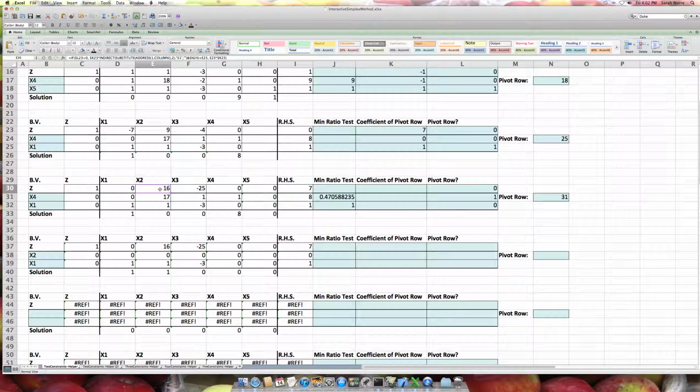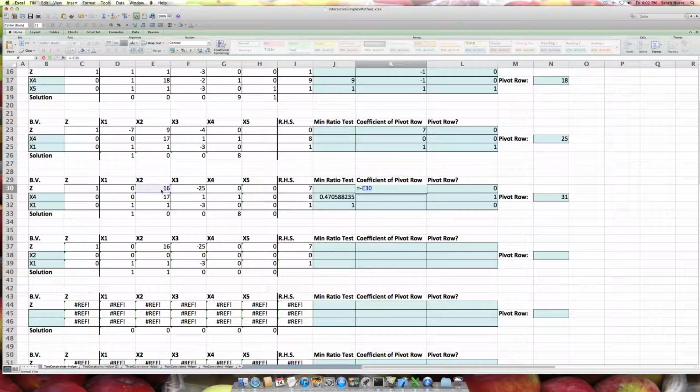So to get this to 0, I'm essentially taking the negative of this divided by 17, the coefficient in the pivot row. So it ends up being this weird value. This is just 1 divided by its value. And here is the negative of this divided by the value in the pivot row.